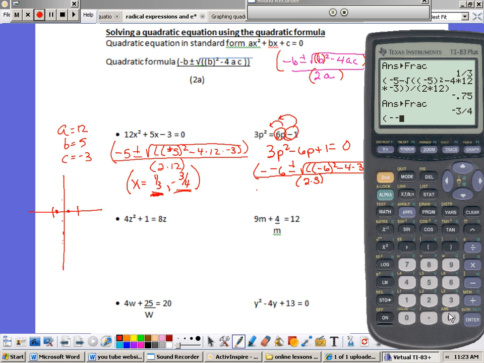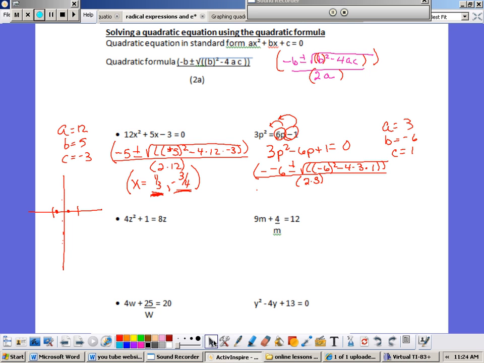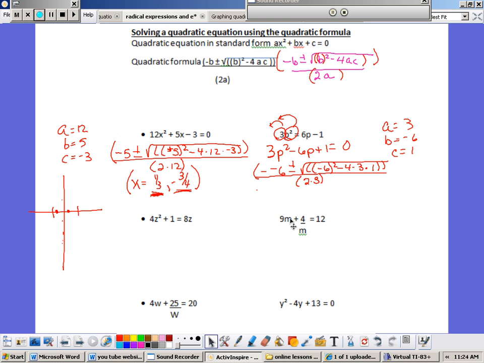Parentheses, negative, negative 6 plus the square root of negative 6 squared minus 4 times 3 times 1, divided by 2 times 3. So I get approximately 1.82. And that will not change to a fraction, so I must use it.